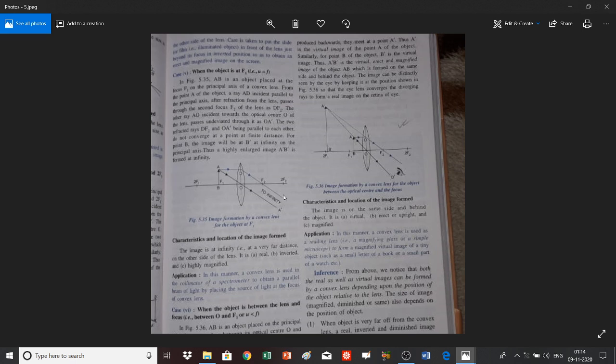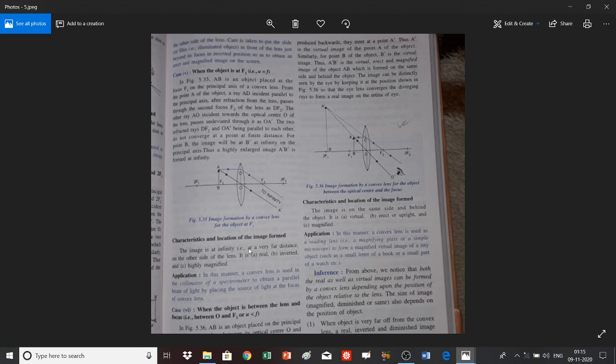So in this case, interestingly, you should note that if they meet at infinity, that is, at very very long distances, then the image will be formed at infinity, and the image size will be infinite. So the size of the image will be infinity and the magnification will be infinity also.